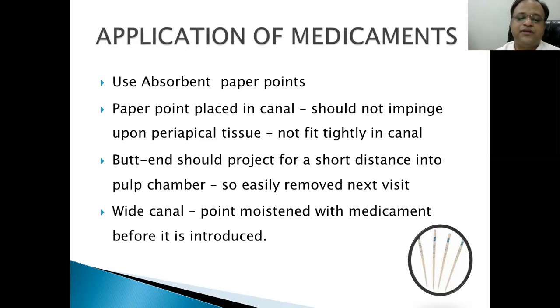Paper points should not impinge onto the periapical tissue and should not fit tightly. Make sure there's a slight difference from the end point, or use it short of the working length. In certain cases, when you are using chlorhexidine gluconate, you just dip the paper point, place it inside and seal the entire canal.